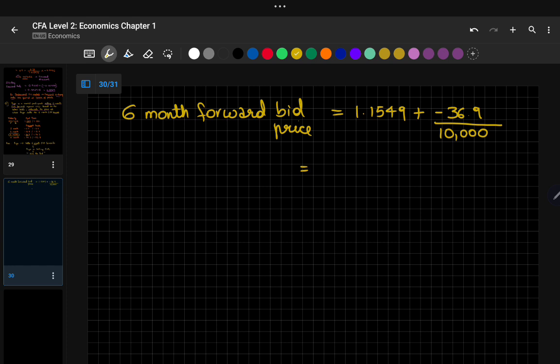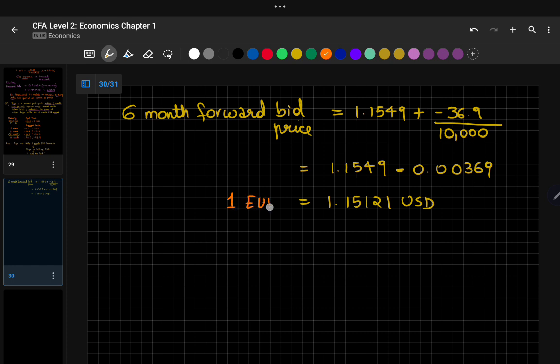So this would be equal to 1.1549 minus 0.00369, which would be equal to 1.15121, or simply 1.1512 USD, because euro is the base currency. 1 euro is equal to 1.15121 USD.